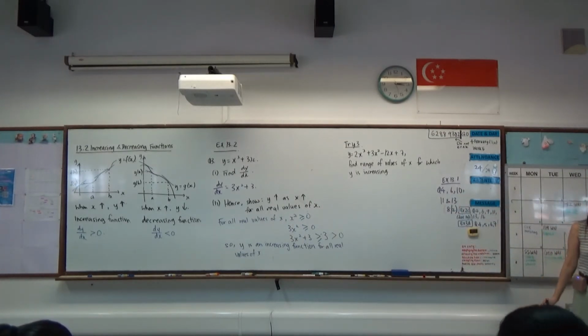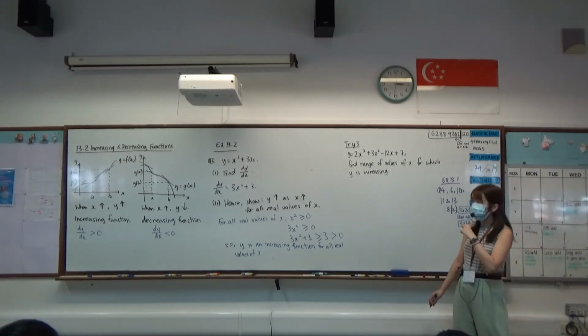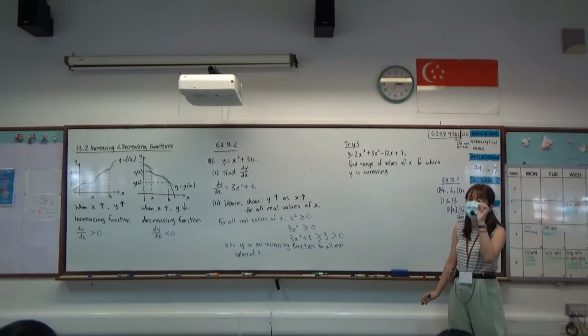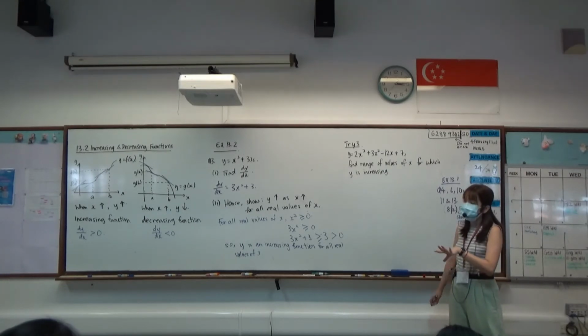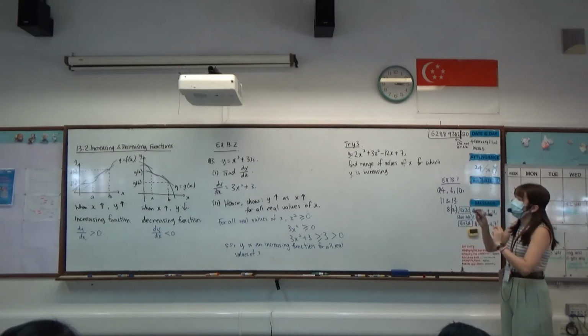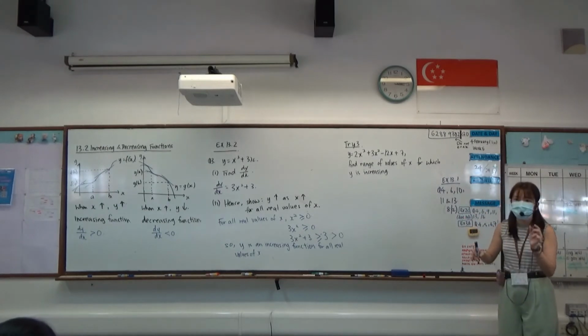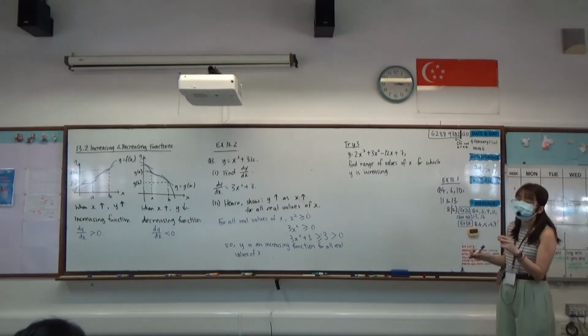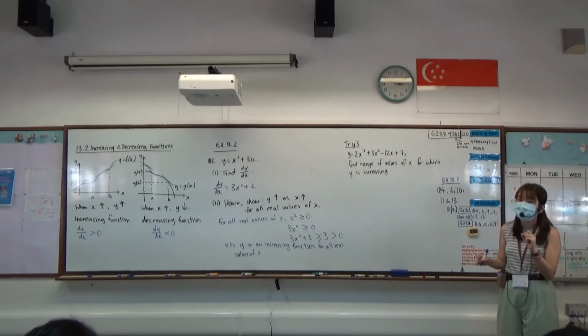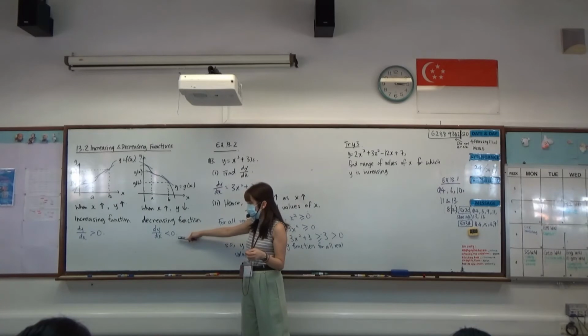Okay, so in our questions 1, 2, and 3 that we did earlier, we looked at how we are going to go about proving that a function is increasing or decreasing. Now we're going to go in reverse to look at try 3, where given a function, we want to determine the range of values of x for which y is increasing.